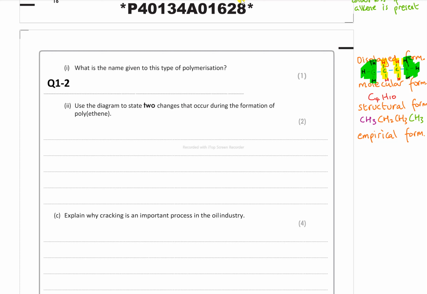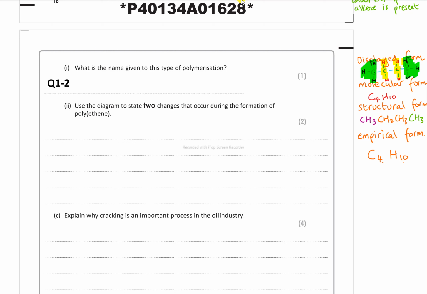That is my structural formula. Right, empirical formula is, do you know when you've done ratios in school, all they're saying to you, look at these two numbers.